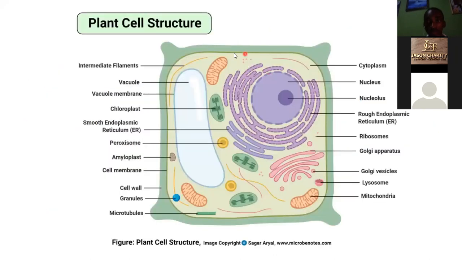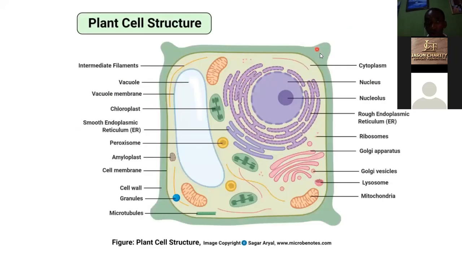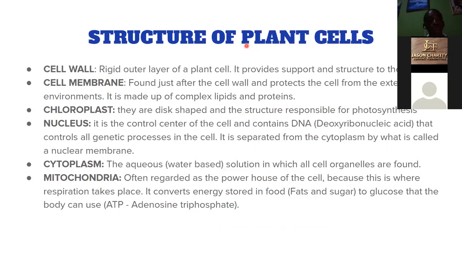Like I said, this is the cell wall. The function of the cell wall is to provide support and structure. So the structure the cell takes is determined by the cell wall. All right, let's continue. The cell membrane is found just after the cell wall.